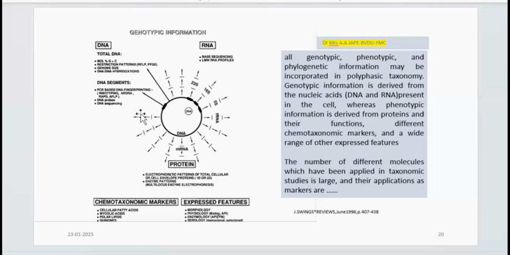But the concern is when you are working with a small fragment and getting some equation that 1% change in mispairing will lead to 1 to 2% change in TM, can it be applied when you are dealing with the entire genome sequence? Right? Can it be extrapolated? That is a concern.